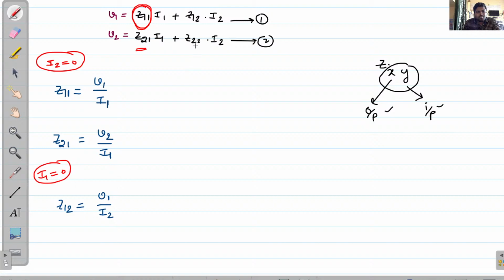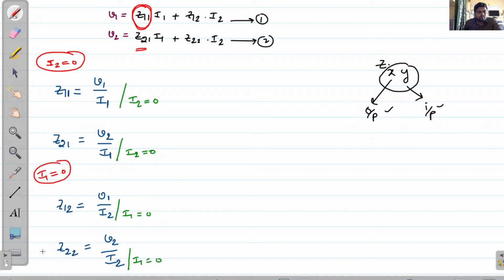And the same thing you can apply to the second equation. V2 equals z22 into I2. So from that, z22 equals V2 by I2, right? So z11 and z21 are possible only when I2 equals 0. And z12 and z22 are possible only when I1 equals 0.